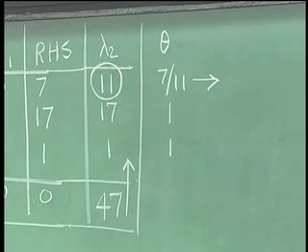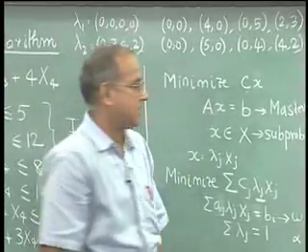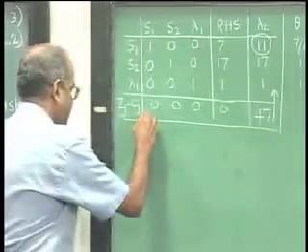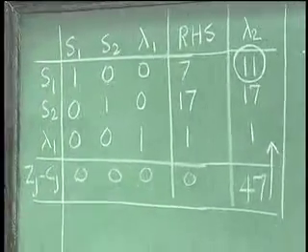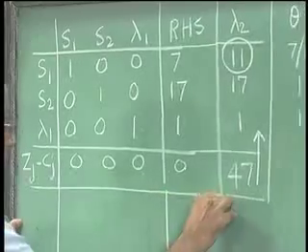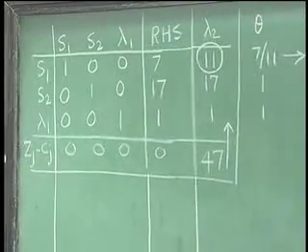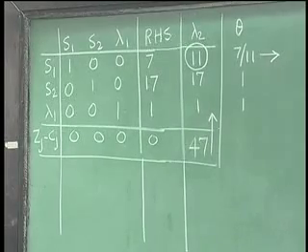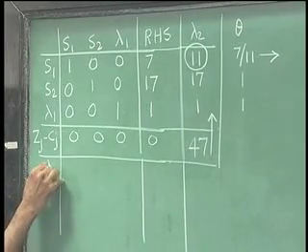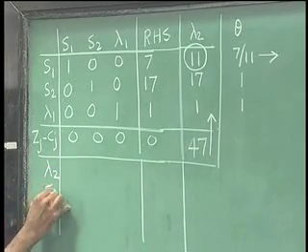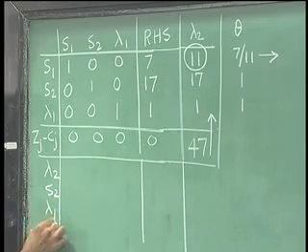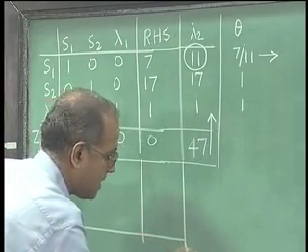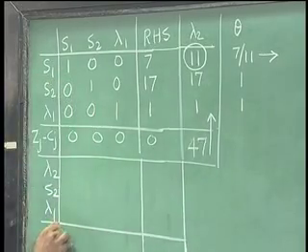Now, we need to perform one simplex iteration. So, we will go back here to continue with the simplex iteration. Now, the variable S1 is replaced by the variable lambda 2. So, you have lambda 2, S2 and lambda 1 with Zj minus Cj.